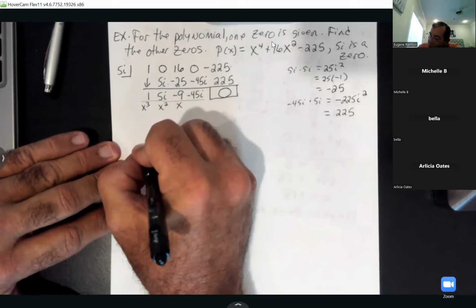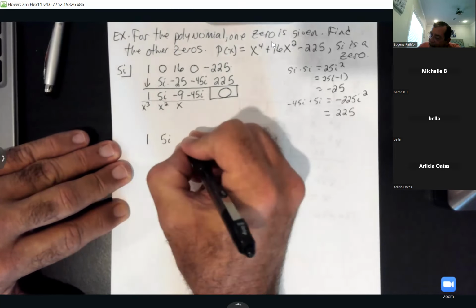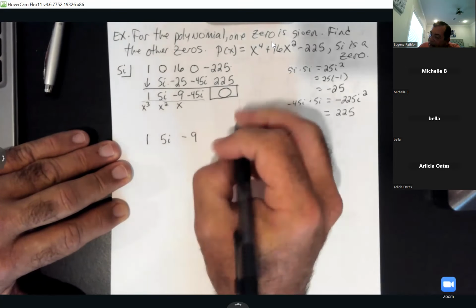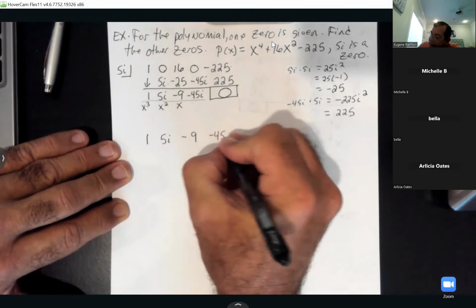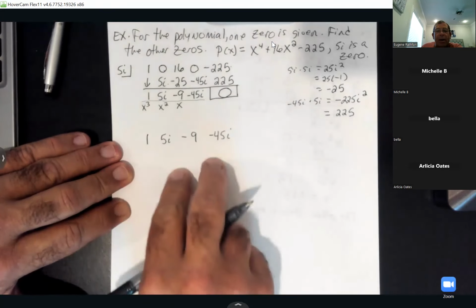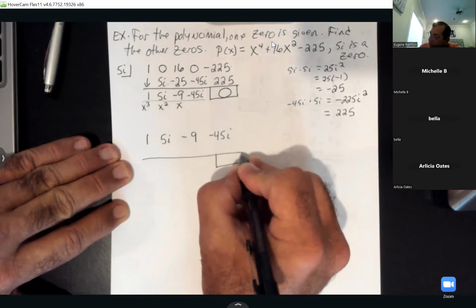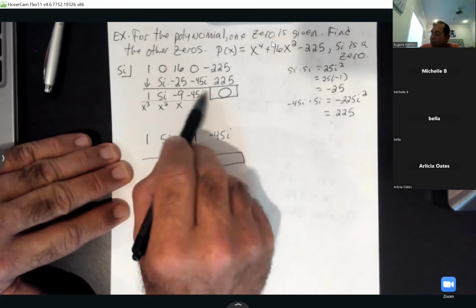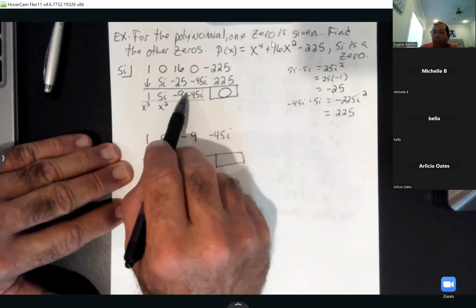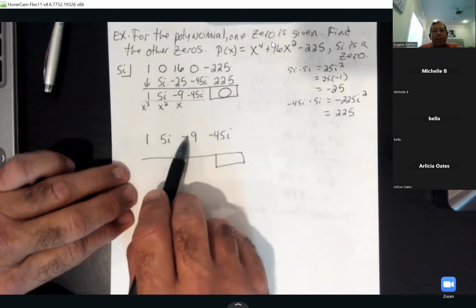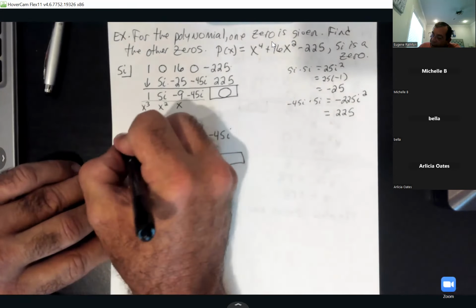We're going to do 1, 5i, -9, -45i. Whatever's under here as the quotient becomes the next coefficients of our synthetic division.